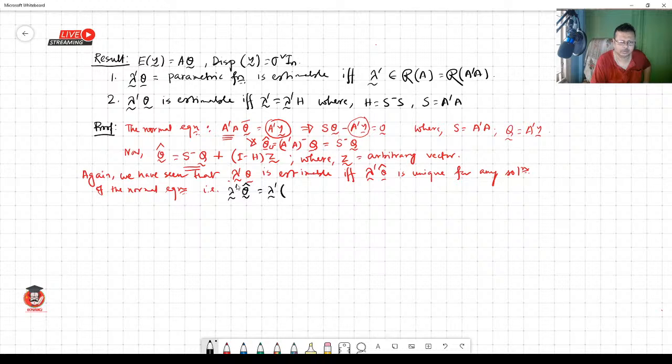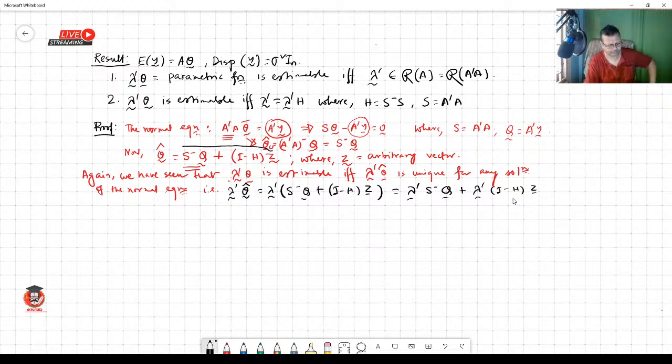So this is equal to lambda curl prime G inverse q curl plus lambda curl prime I minus H z curl, and equal to lambda curl prime G inverse q curl plus lambda curl prime H z curl.